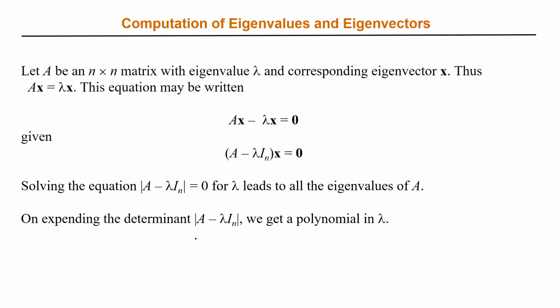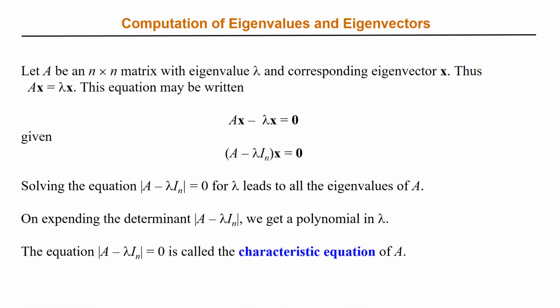Basically, this way we get our eigenvalues, and the polynomial we get by setting the determinant equal to 0 is called the characteristic equation. And if we are talking about a transfer function, most of the time the denominator of the transfer function is the characteristic equation.